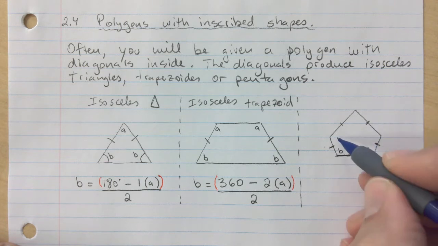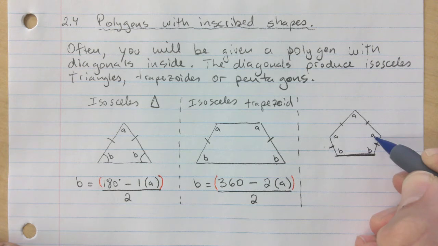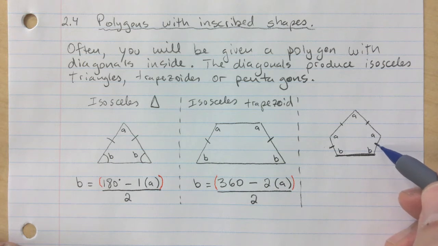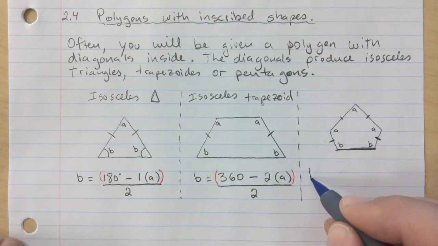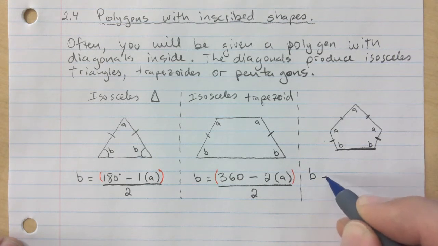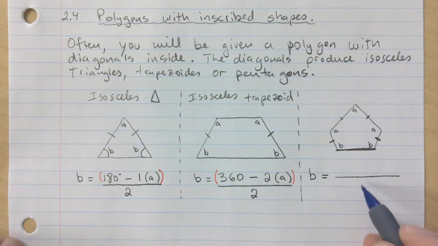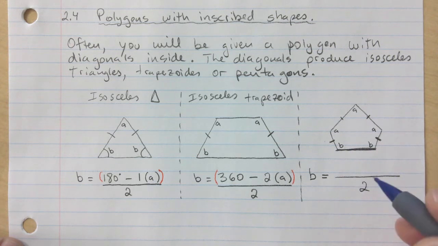You've got B, and you've got A, and A. So to find B in this case, you will still divide by 2 because you're going to split the difference between the two B's there.